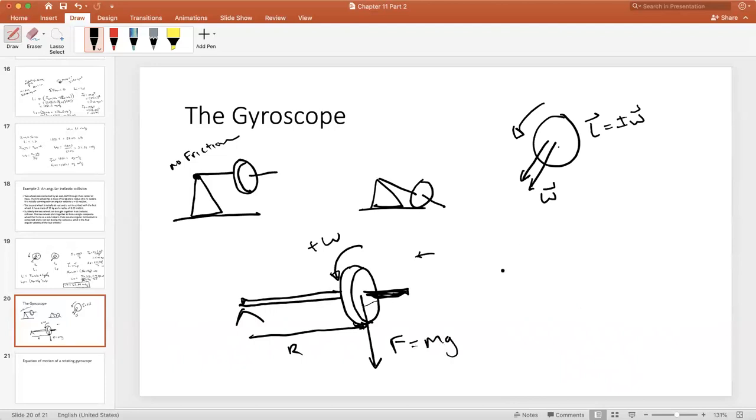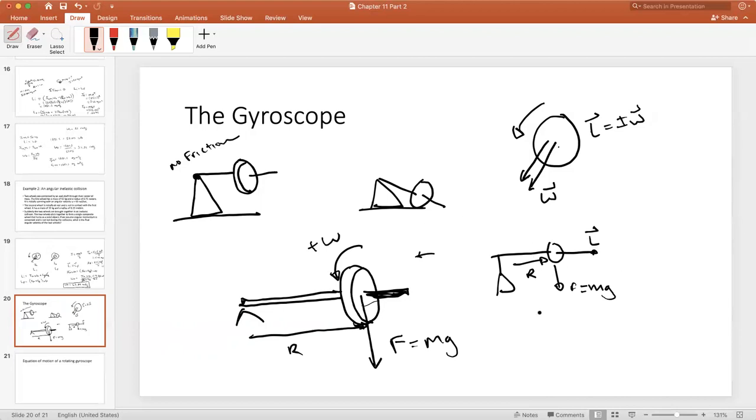So acting on the gyroscope, you have R, you have F equals mg, and you have this angular momentum vector that's coming out in the same direction as R, okay? If it wasn't spinning, the angular momentum vector wouldn't be there and the wheel would fall over. But when it's spinning, what happens?